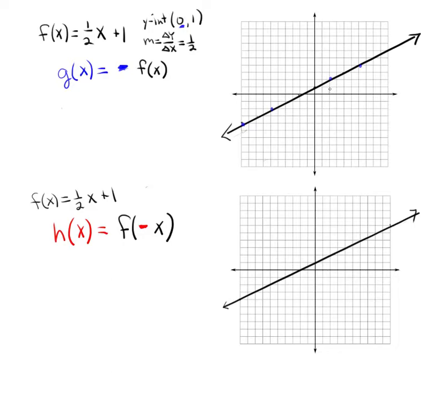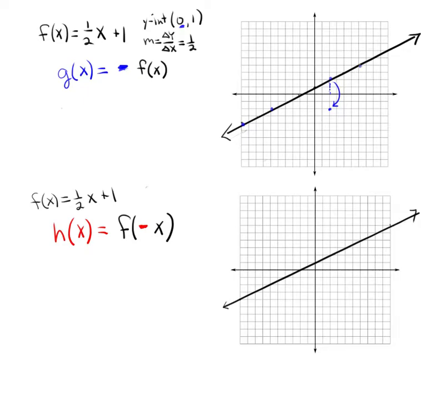Our output for this point is 2 units up. So that y value, if it was y equals 2 here, now that would be -2. So we're going to be reflecting that over here to the other side.